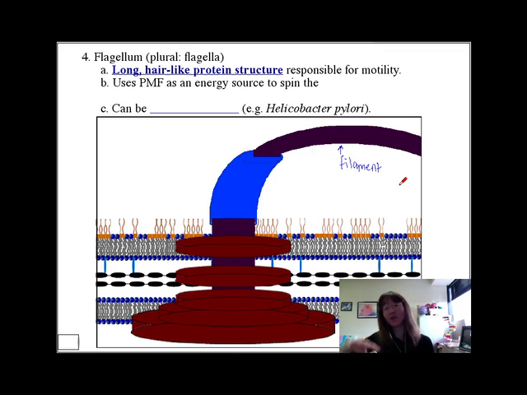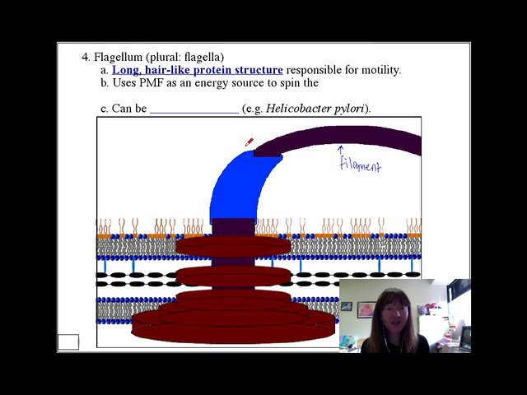They'll rotate either clockwise or counterclockwise, so that filament will move with that corresponding rotation. The filament is made up of a protein called flagellin. That makes a lot of sense. Flagellin makes up flagella. The flagellin protein spins around and forms a hollow core inside of the filament. So it's very well suited to its function in that way.